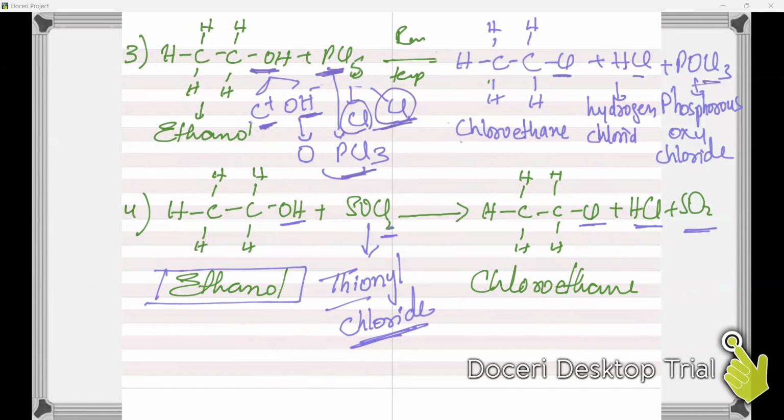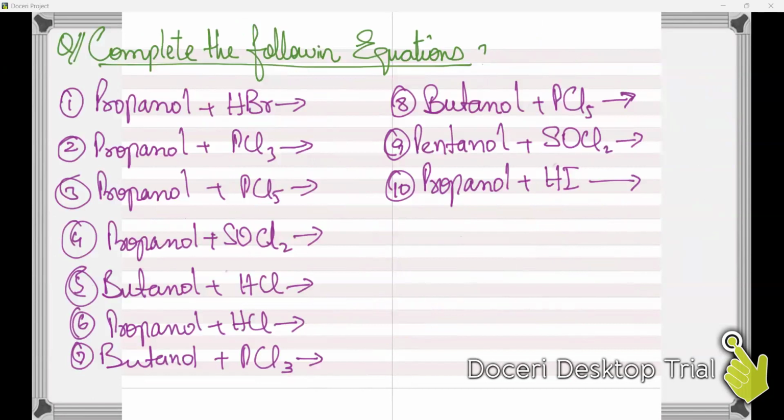POCl3, phosphorus oxychloride, is the third product that we form. This is called thionyl chloride. When thionyl chloride reacts with ethanol, we get chloroethane, HCl, and SO2. The more you practice this, the more it will be on your fingertips. So see, these are the equations. You can always pause the video and practice these equations.